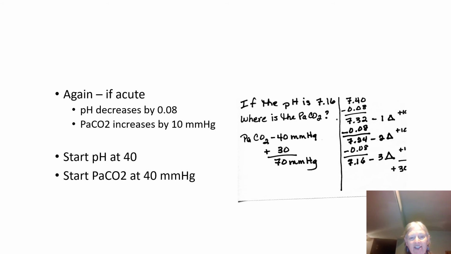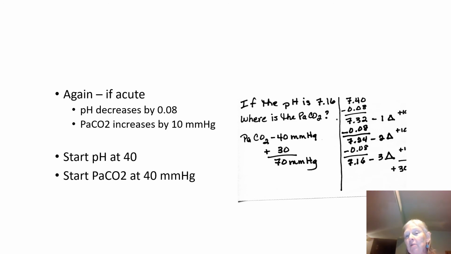So again, just to show you, if acute, the pH decreases by 0.08, CO2 increases by 10. The base again is pH 7.40, and the CO2 is going to start at 40 millimeters of mercury. So if the pH were 7.16, where do we expect a CO2?